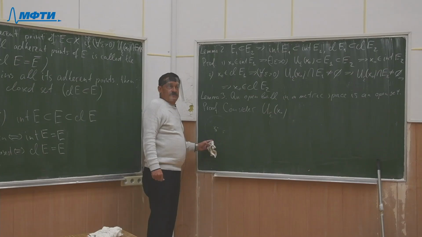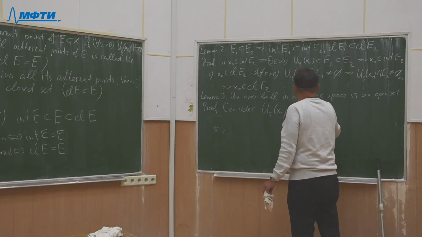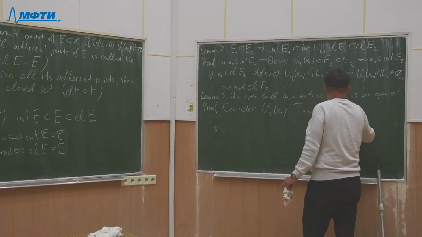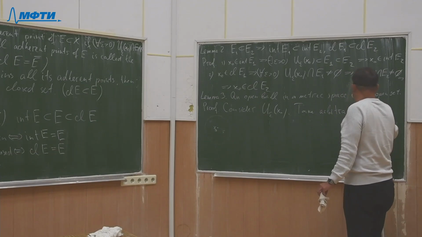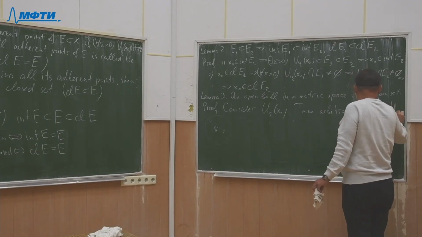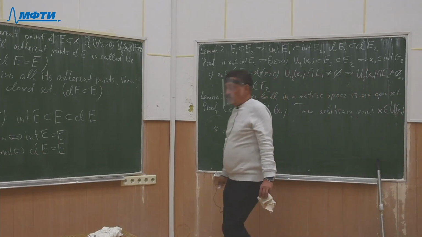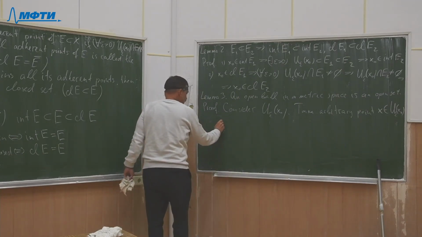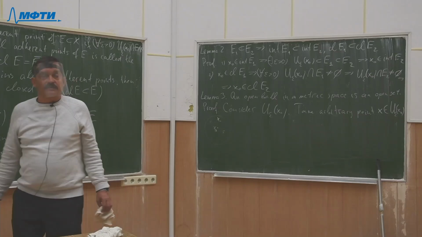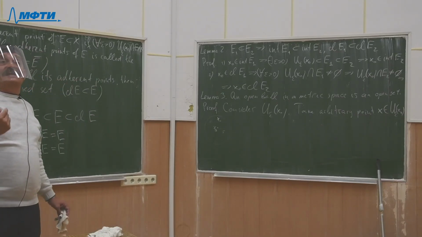What does it mean? Take an arbitrary point, let it be x in our open ball. So somewhere here we take a point x. And we want to prove that it is an inner point.